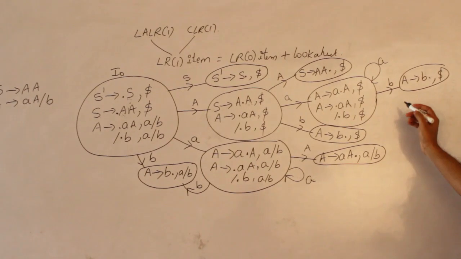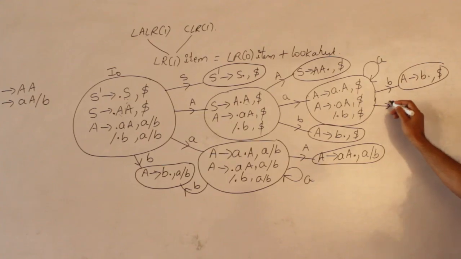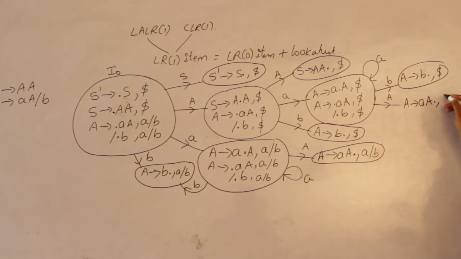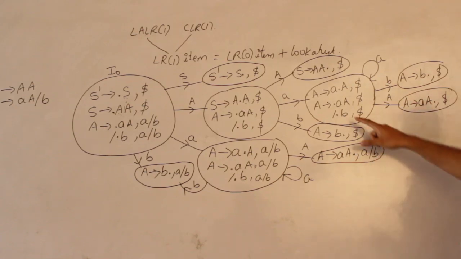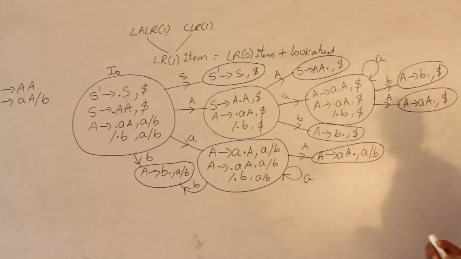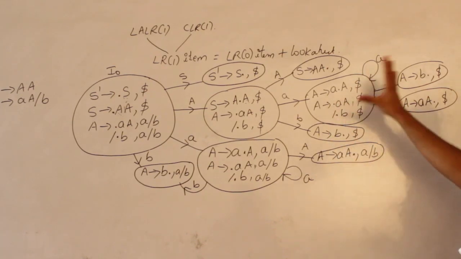On small a it is that, and on capital A it is going to be A derives AA dot comma dollar. See, the look ahead doesn't change when I am applying the transition. Okay, so on small a it is over, on capital A it is over, on small b it is over, right? And capital A, small b, right? So yes, all these states are done.